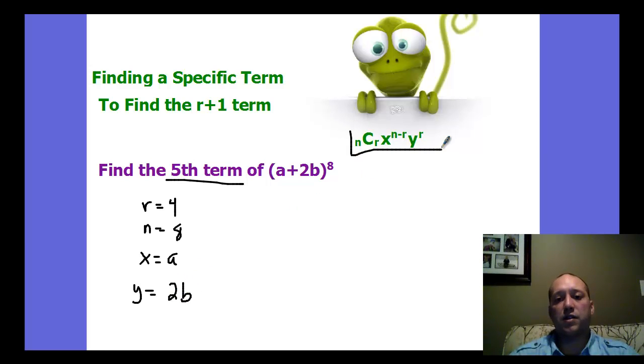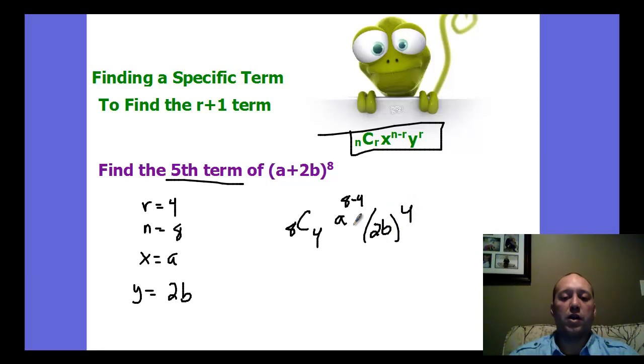And then we just plug it into this formula. So it's going to be 8C4 times x, which is really our a value here, to the 8 minus 4, and then times y, which is 2b, to the 4th power. And so you can simplify that to actually find the term. So I'm going to call it good for the night on 10-2.